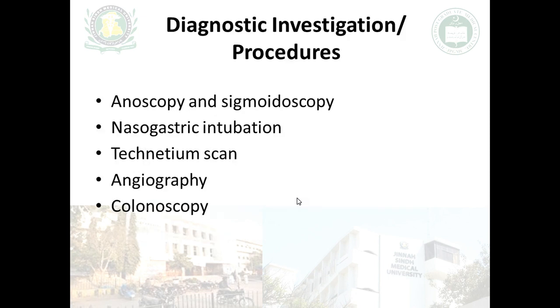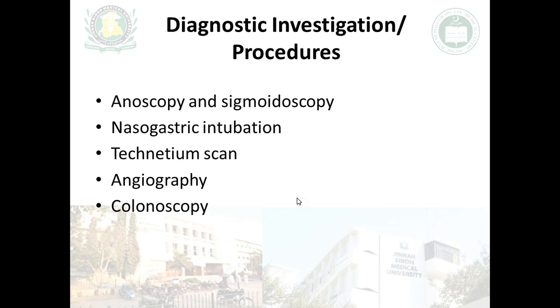Then we go to the procedures. Those are mostly invasive, or those specifically help in the diagnosis, like endoscopy and sigmoidoscopy. This is simply a proctoscopy and a sigmoidoscopy, when we examine up to the sigmoid with a sigmoidoscope. Nasogastric intubation is sometimes done.